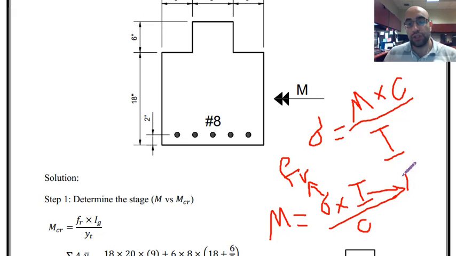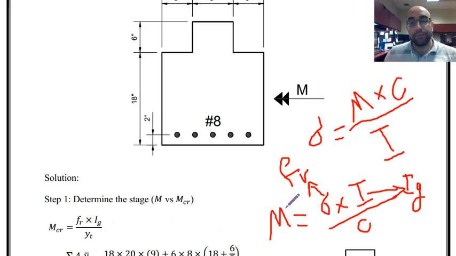I should be Ig, gross section properties, as we discussed in the second chapter, and C is the distance from the very tensile level, in this case bottommost distance of the section to the neutral axis. C is that distance.